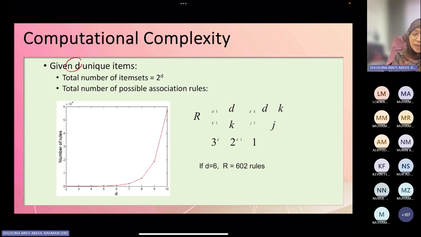If we have d unique items, the total number of item sets would be 2 to the power of d, so you can imagine how many possible association rules there are. If we have d equal to 6, the number of rules could be 602. How about if we have more unique items? It would be even higher in terms of the number of rules.